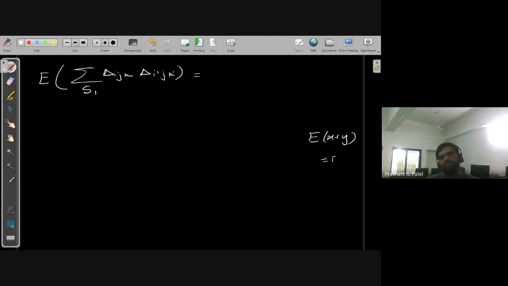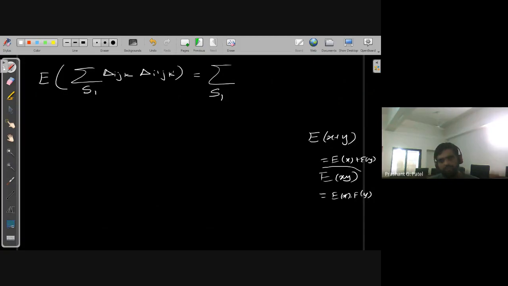expectation of x plus y is equal to expectation of x plus expectation of y if x and y are independent events. So that's why we can write this. Also, expectation of x into y is expectation of x into expectation of y.